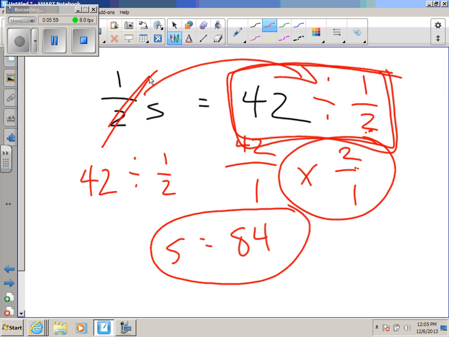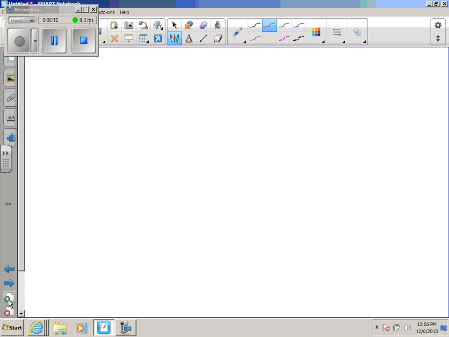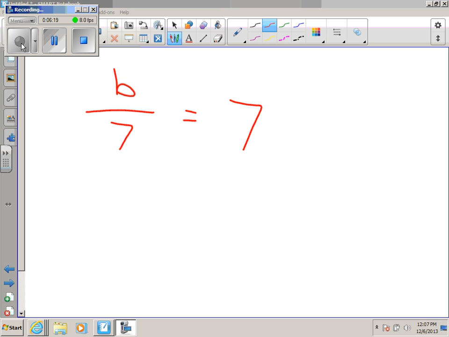In a minute. Chris. Just make sure you always flip what you divide by. Okay? And there's one more example. Give it a shot. When your variable is part of the fraction, it's being divided.